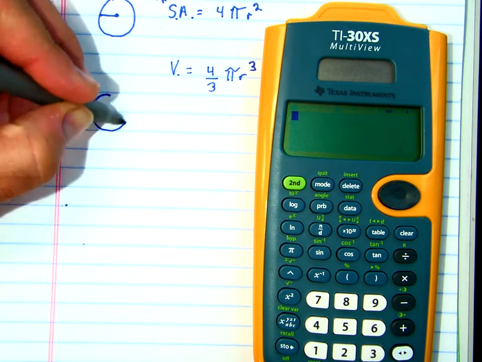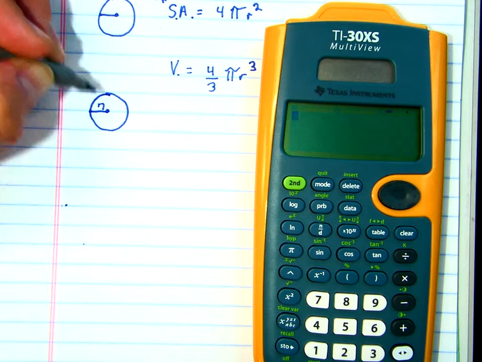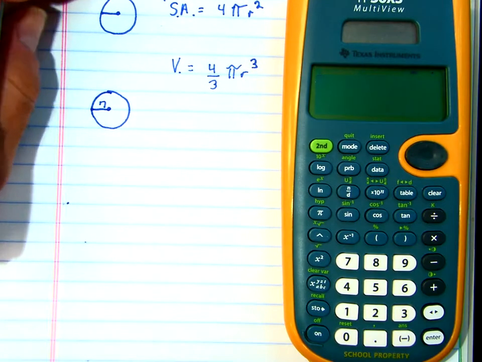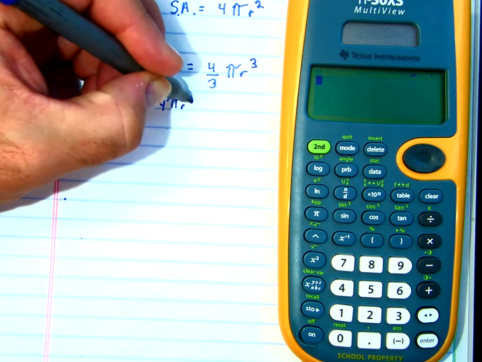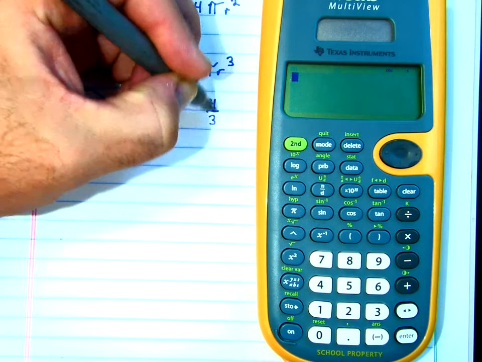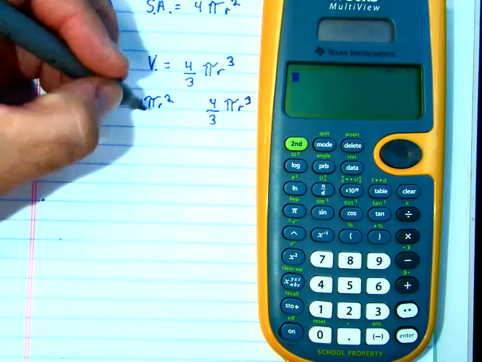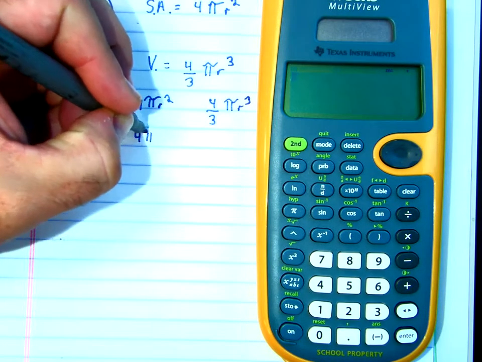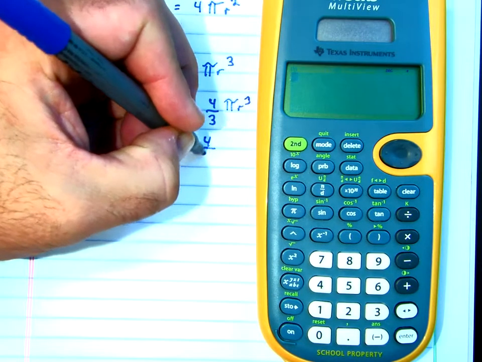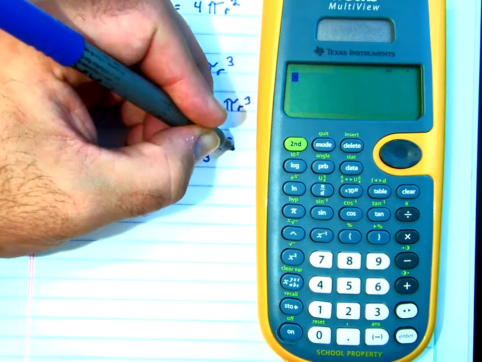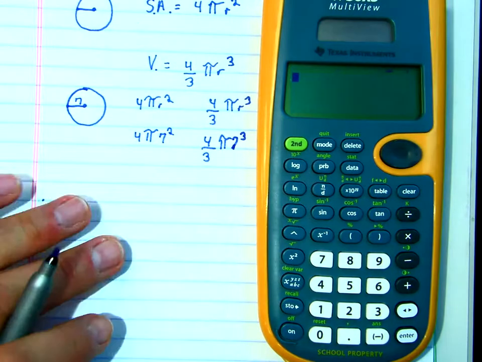So I draw my picture and I put in a radius of what? Correct, 7. So now I'm going to do the two formulas. I would write 4 pi r squared and 4/3 pi r cubed. Okay. Now I'm going to put in the number. So this would be 4 pi 7 squared, and this would be 4/3 pi 7 cubed. And now I'll show you how to do that on the calculator.